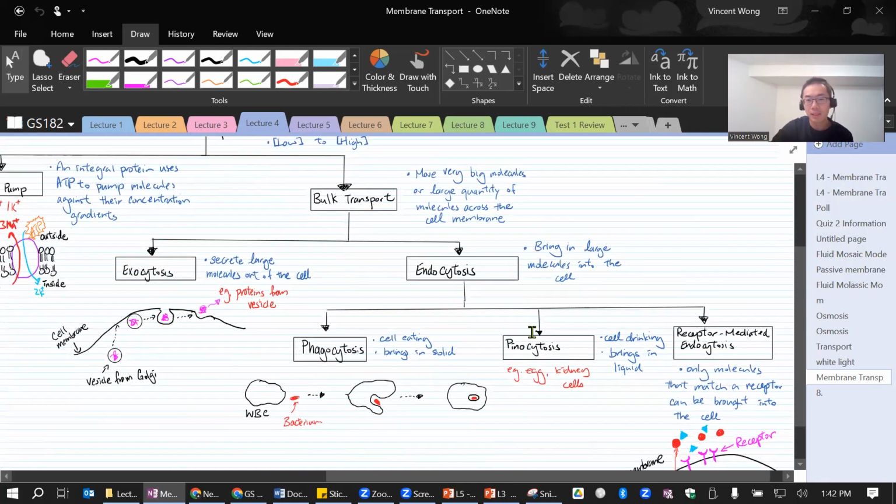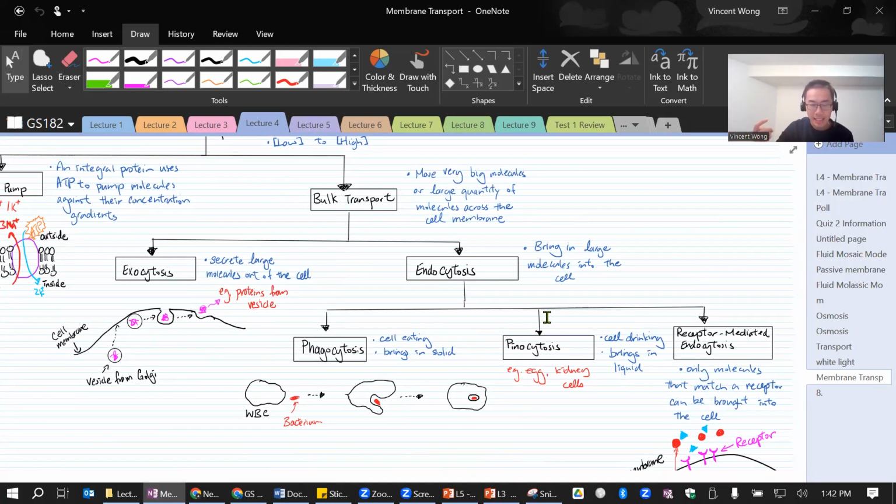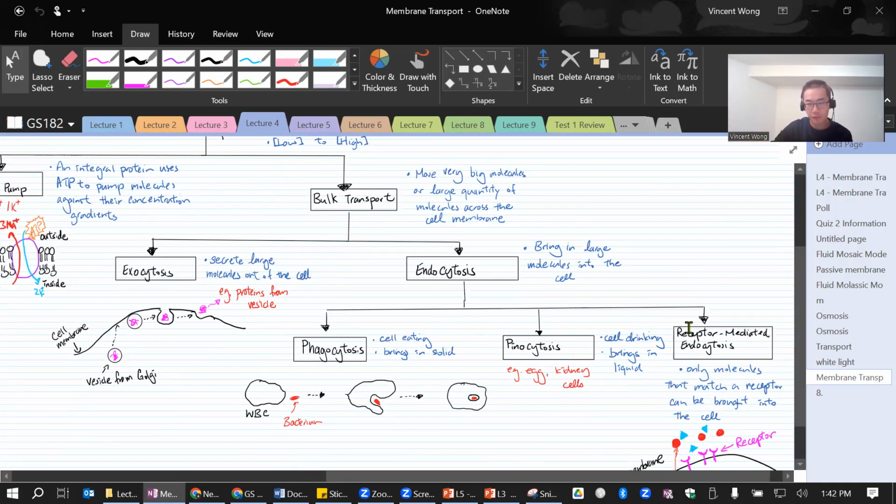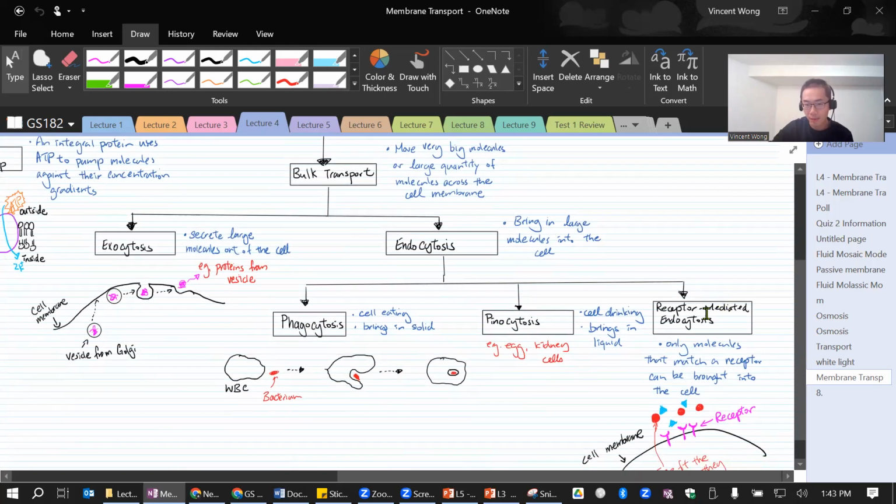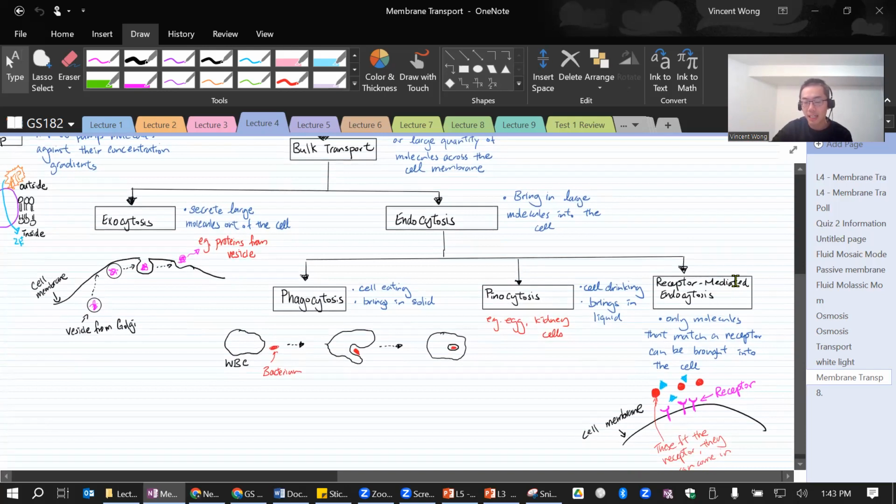To bring things in, depending on what you are bringing in and how you are bringing it in, we have different forms of endocytosis. If you're bringing in mostly solid, then it's phagocytosis. If you're bringing in mostly liquid, then it's pinocytosis. And if you are choosing specifically what to bring in, then that's receptor-mediated endocytosis.